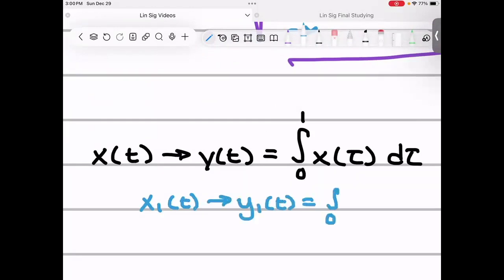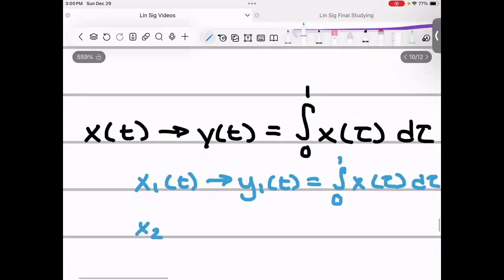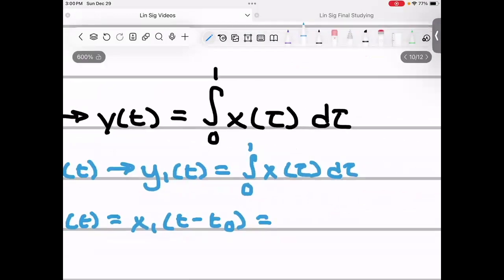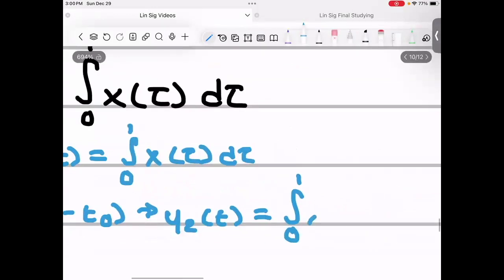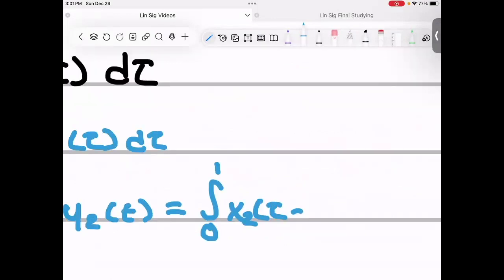Over here, we're going to get our x1 of t gives us y1 of t, which is the integral from 0 to 1, x of tau, d tau. x2 of t is the same thing as x1 of t minus t naught, which gives us y2 of t, 0 to 1, x of tau minus t naught, d tau.